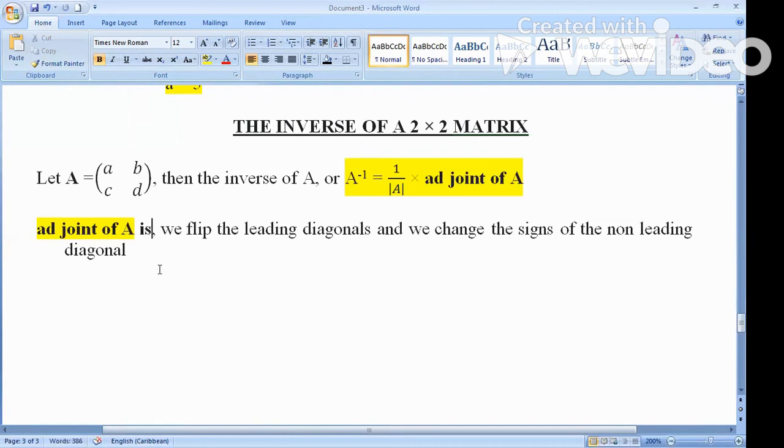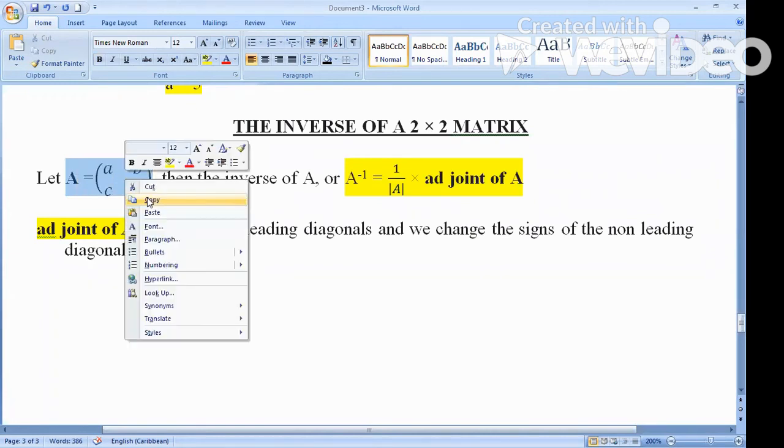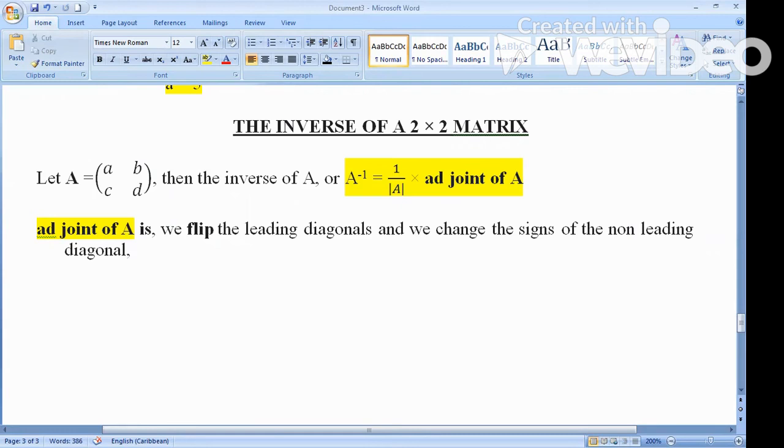So what is the adjoint of A? What do we do? We flip the element of the leading diagonal. So therefore, this is what we have. Tell you what, let me put A beside it.